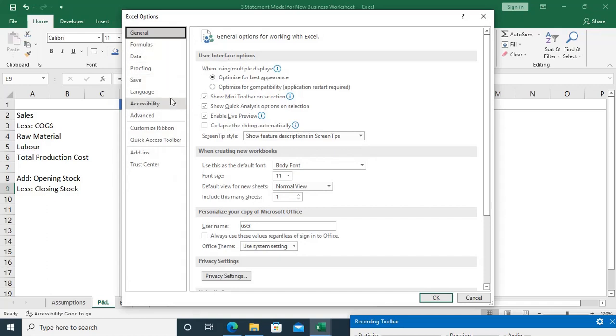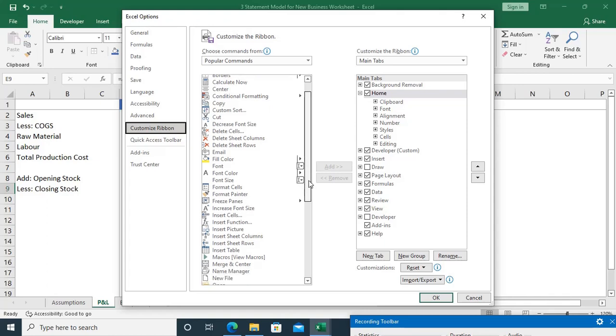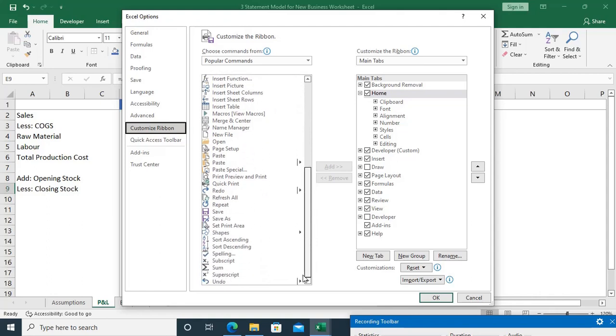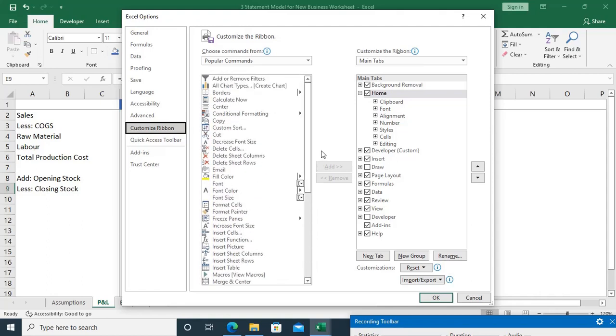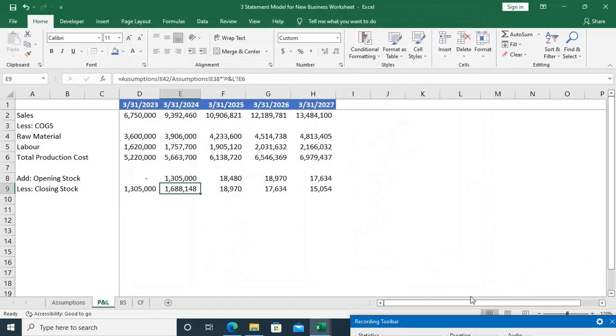Let me just try to help you with something. Okay, I'm not finding it. It's okay. I'm just showing you what I actually mean.